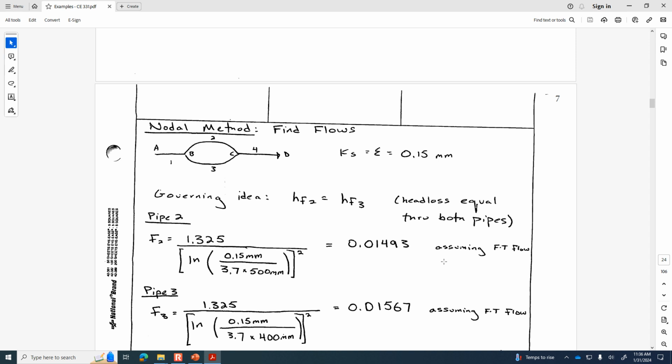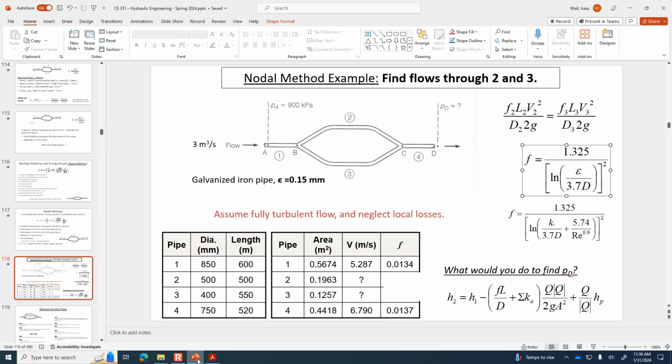Substitute in the initial guess of the F values along with the given length, the given diameter, and for g it should be 9.81 meters per second squared. I'm going to pause, stop talking, and allow you to calculate and find this coefficient that relates V2 and V3.